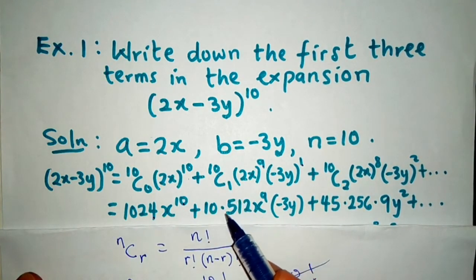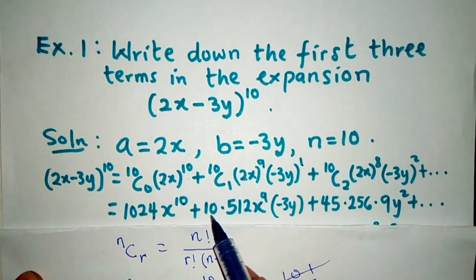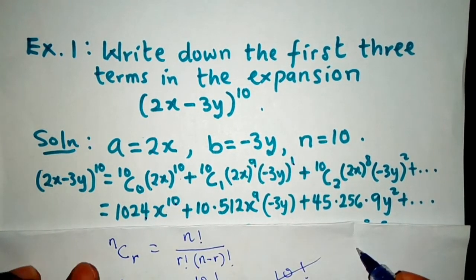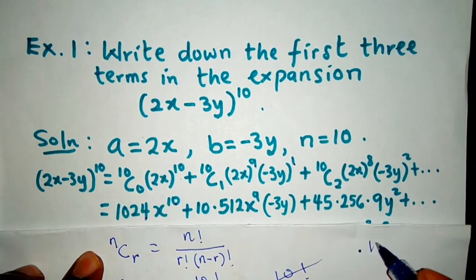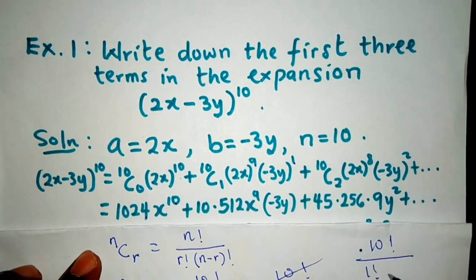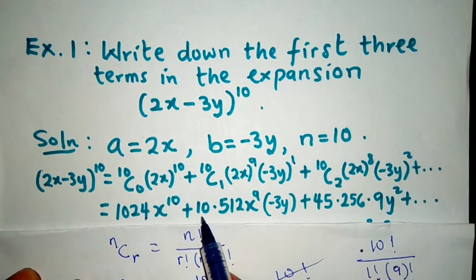10 choose 1 is 10. You can use your calculator to work that out, or we apply the formula here, that is 10 factorial over 1 factorial times 10 minus 1, which is 9 factorial. So if you work that out carefully, you get 10.